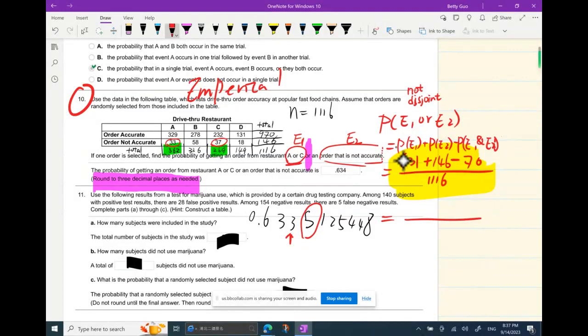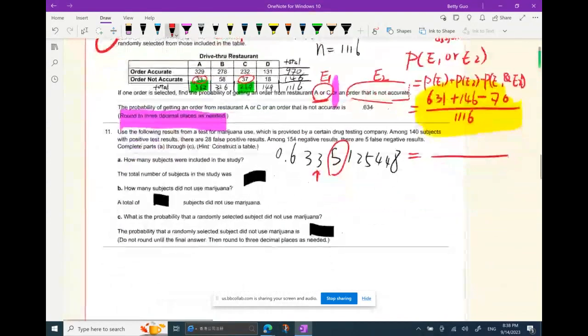The first number is the values in the sample that favor E sub 1. Second number is the number of values that favor E sub 2. Minus the third number, the number of values that favor both. So that's number 10. If you have no questions, we're going to keep going.